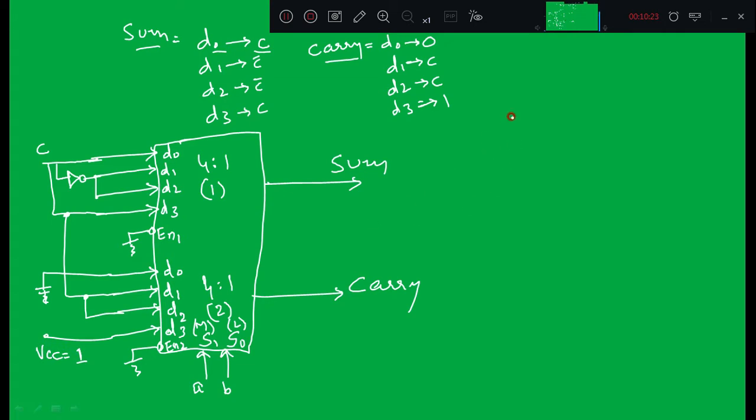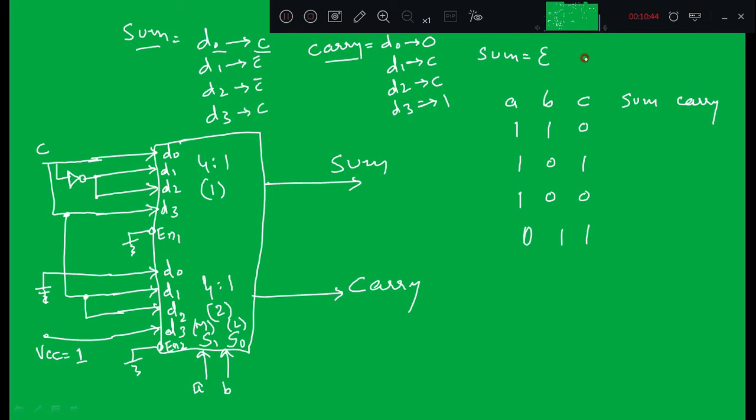So let me verify this for, let us say, these 4 combinations. So what is sum, what is carry, right? So let me write sum and carry in their decimal notations.